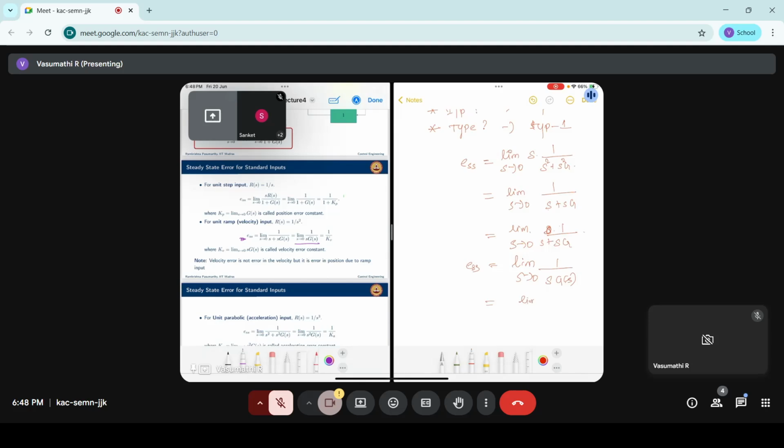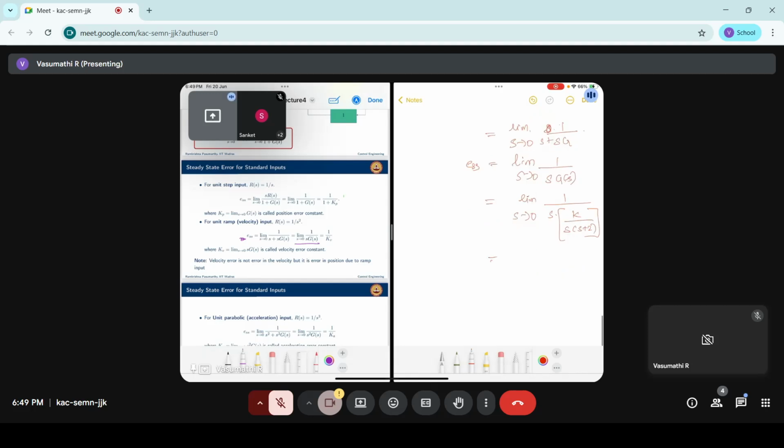Now, I am going to find 1 by s into G of s, which is K by s into s plus 2. I am just taking a longer route just to make you understand. There is a straightforward formula where you can use Kv equal to limit s tends to 0, s into G. You will get it. But for initial learners it can be a little bit difficult. I'm getting s and s will get cancelled.